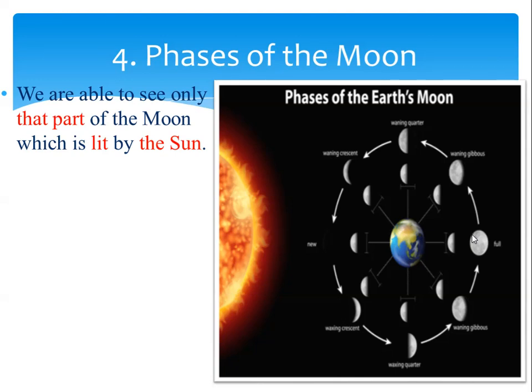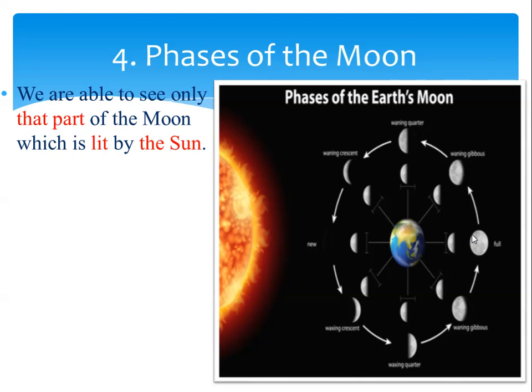Means moon is actually present all the time in the space, but you see only that part of the moon in the sky which is lit by the sun's light. Only that part of the moon gets the light from the sun. That part of the moon is visible to us.